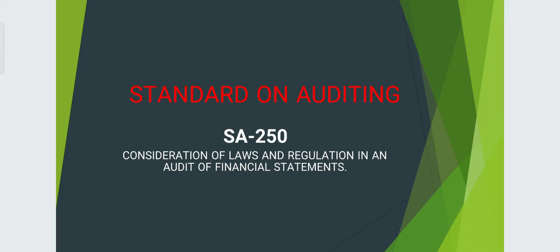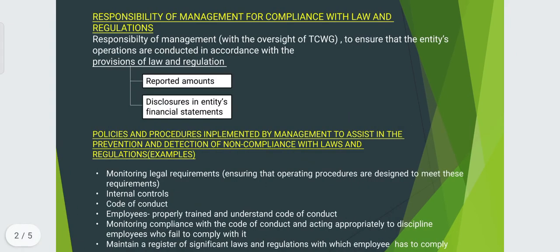So the next slide comes where I have mentioned the responsibility of management for compliance with laws and regulation. So the responsibility of management, with the oversight of those charged with governance, is to ensure that the entity's operations are conducted in accordance with the provision of laws and regulation.